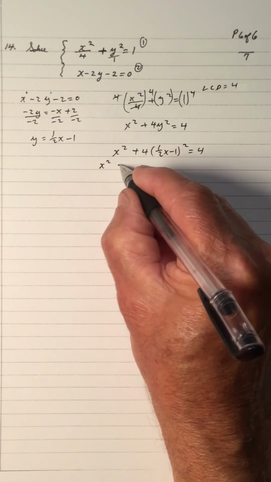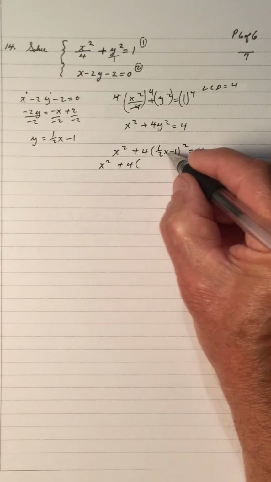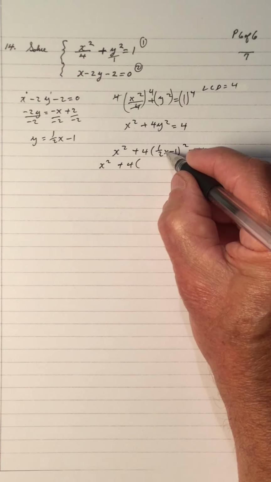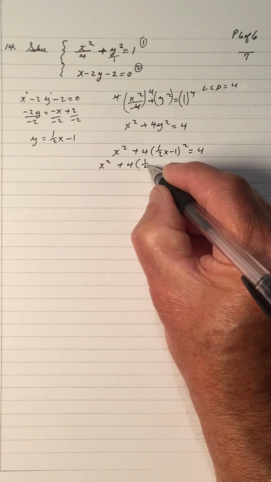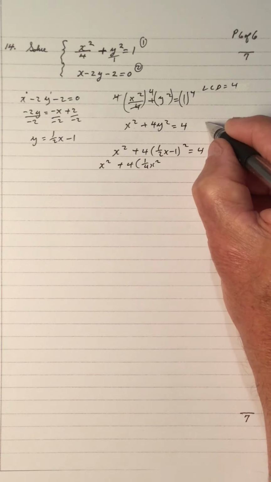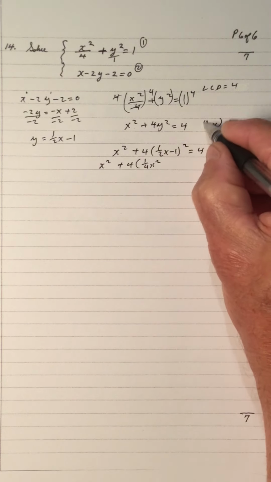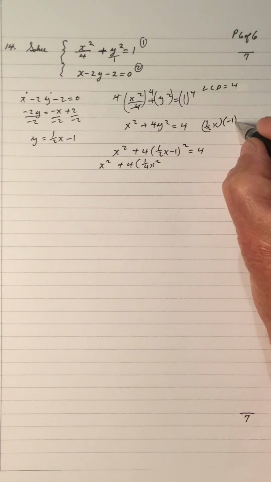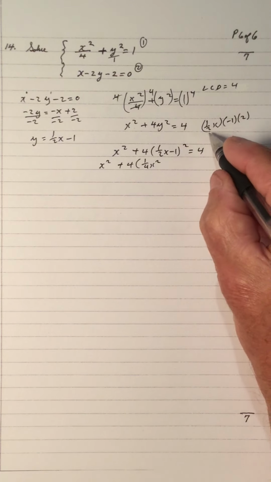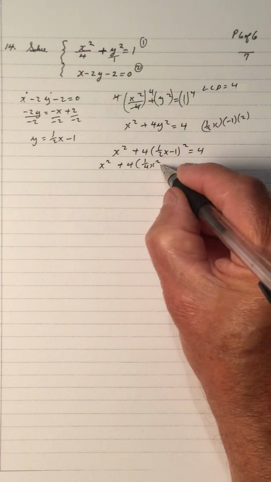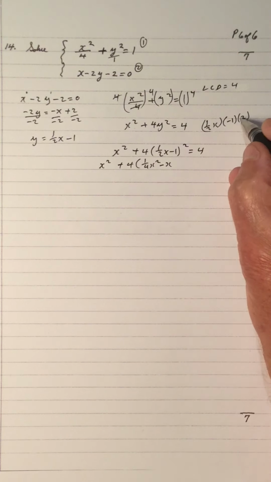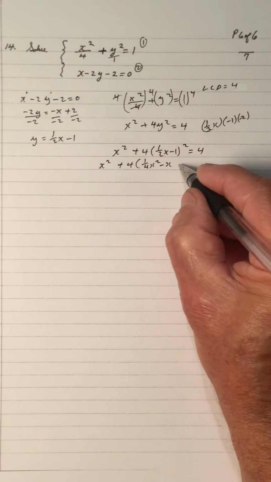So a half x times a half x is 1/4 x squared. So we have a half x times -1 doubled. So the 2's cancel, and I get a negative x.